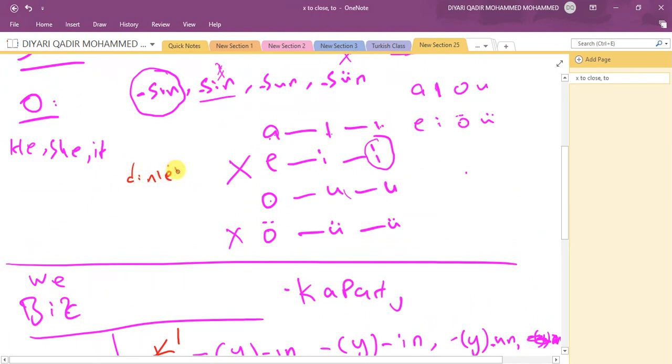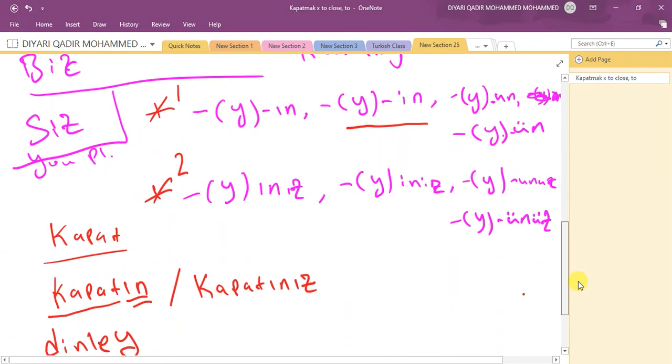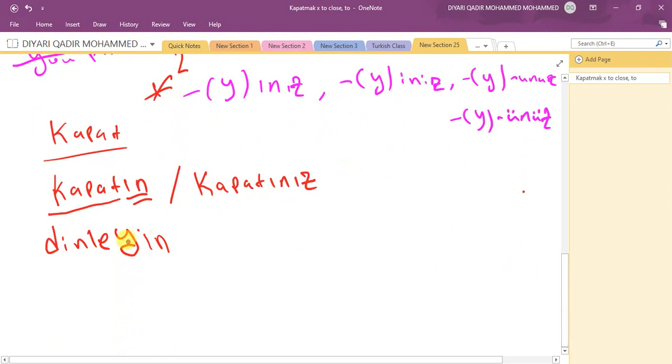This e changes to i after I put this buffer, this y. So dinle, then the y, and then I have to put this i: dinleyin. You, I'm ordering you as a plural to listen. Okay, dinleyin.